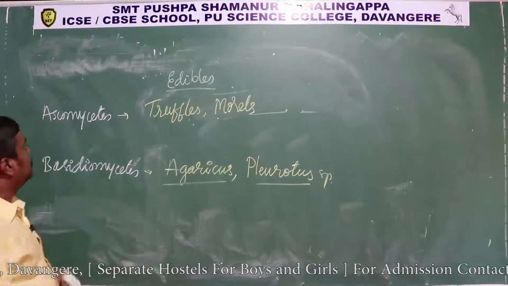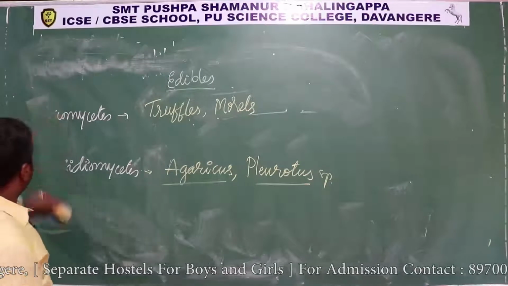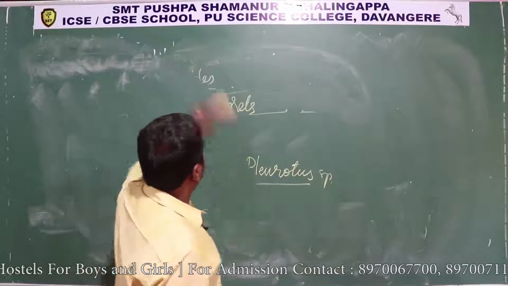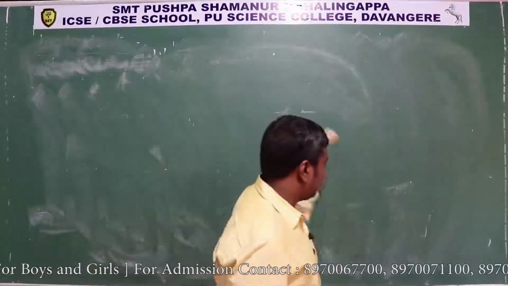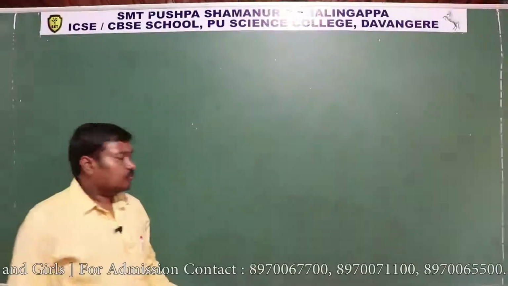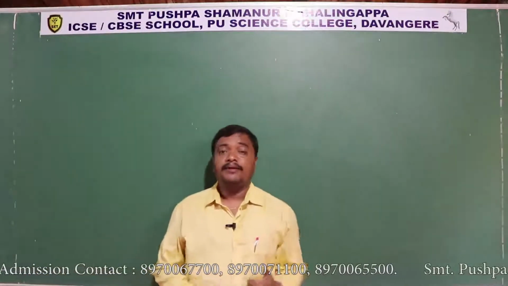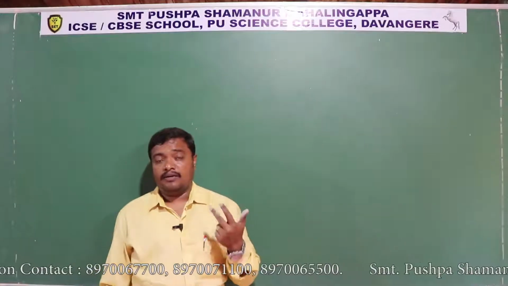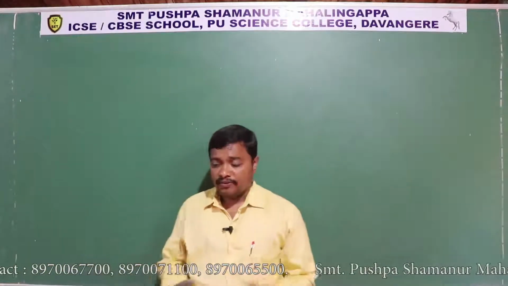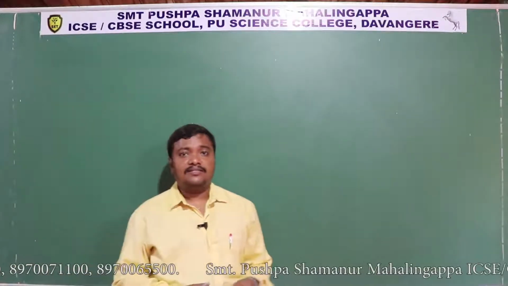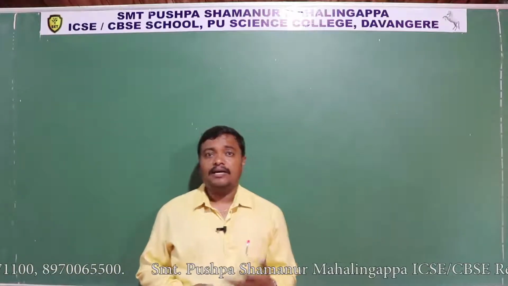Okay, so this is about the kingdom Mycota. Hope you understand about the kingdom Mycota. So far we completed the kingdom Monera, Protista, and Mycota. Under the five kingdom classification of Whittaker, two more kingdoms were there, that is kingdom Plantae and kingdom Animalia.